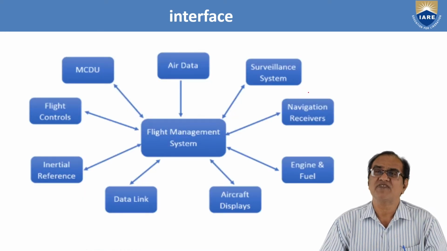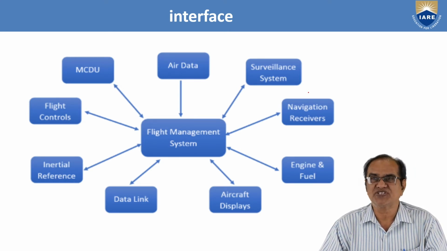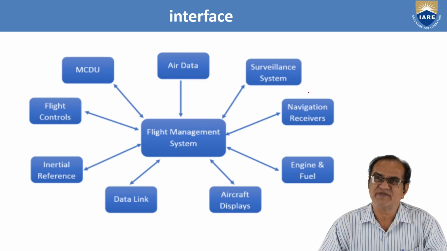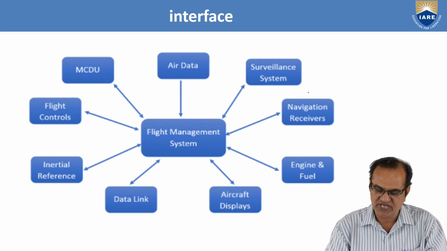Now how does this interfacing work? This works by the help of the flight management system. Flight management system is nothing but a computer operated system. In this computer operated system, the air data is here.